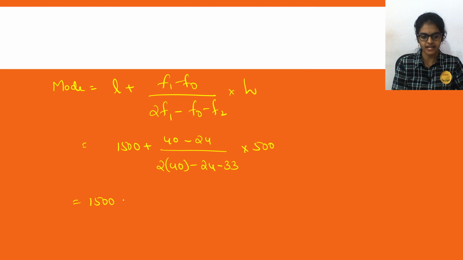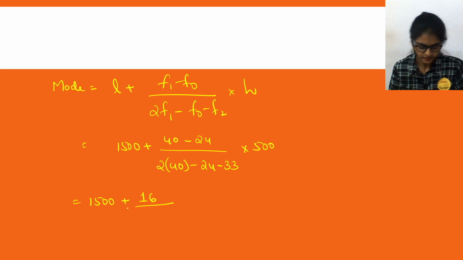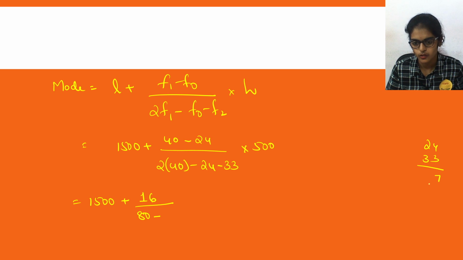So this is 1500 plus 40 minus 24, you will get 16 here, divided by 2 times 40 is 80, minus 24 and 33. So you will have 57 here multiplied by 500. So 80 minus 57 gives you how much?